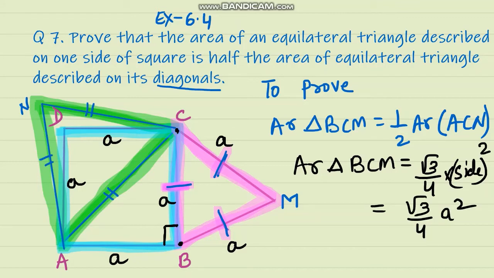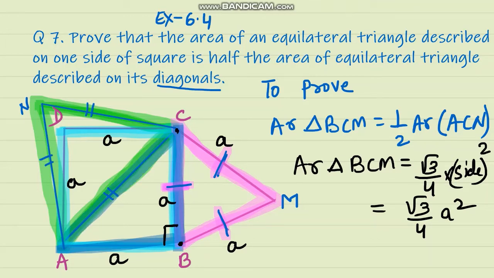Now let us see how much is your AC so that you can find the area of equilateral triangle ACN. So see here children, please pay attention. Here you can see we have one right angle triangle. ABC is a right angle triangle and AC is its hypotenuse.